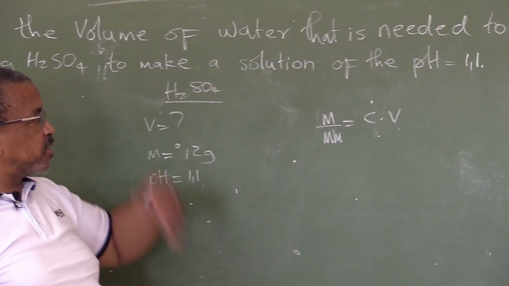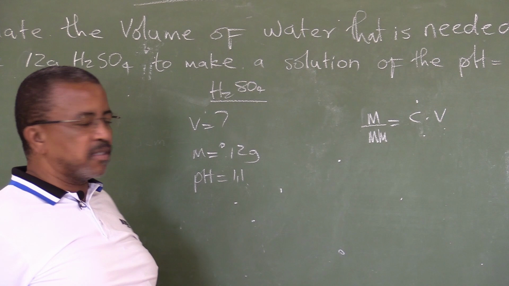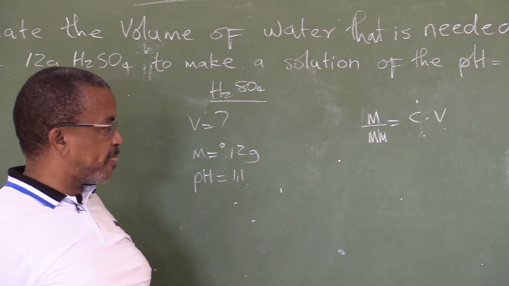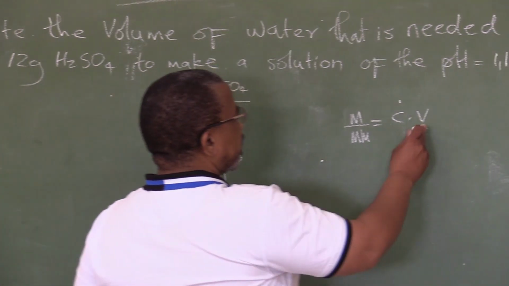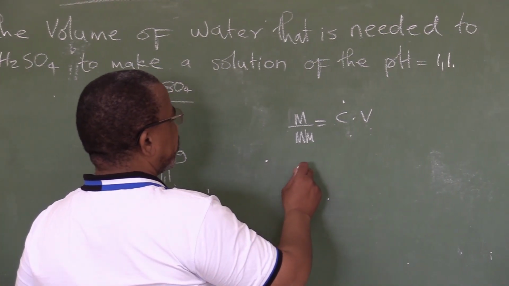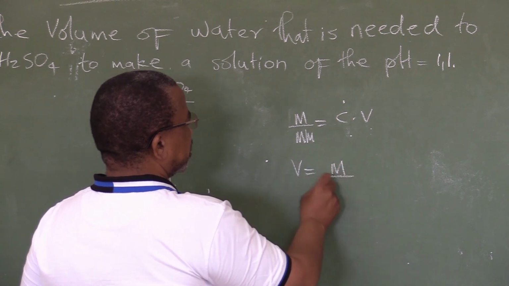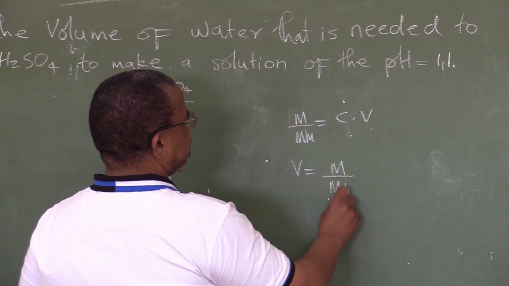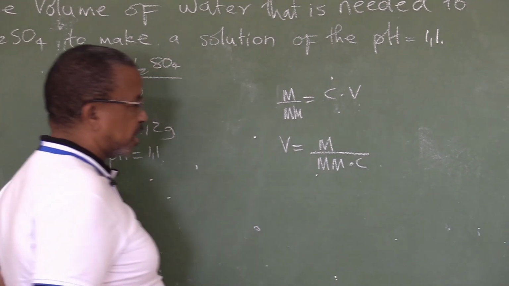The mass, the molar mass of sulfuric acid, then the concentration is told. Then what do we get? We want the volume. So the volume is equal to mass over molar mass divided by concentration. That is the volume.